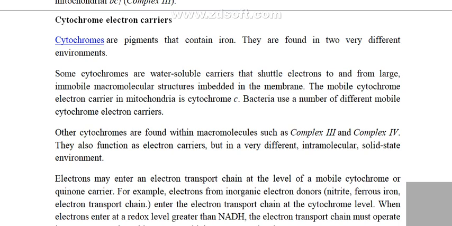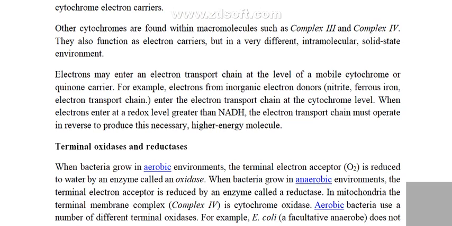The mobile cytochrome electron carrier in mitochondria is cytochrome C, but in bacteria it uses AA3, etc. Other cytochromes are found within the macromolecules such as complex 3 and complex 4, functioning as electron carriers. They transfer the electron from one level to another level.